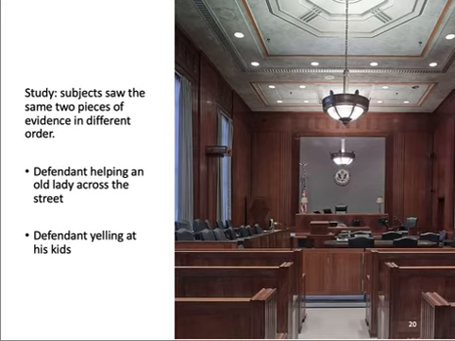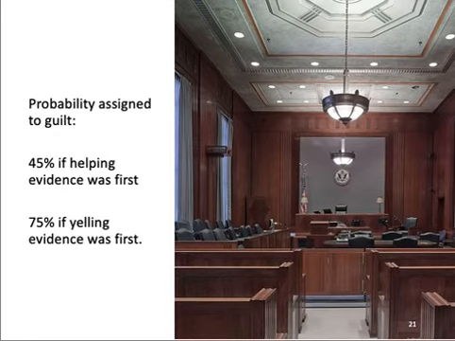Okay. And as it turns out, people's opinion about the person's guilt was influenced by what order the evidence was presented. So if the good evidence of the person helping the lady across the street was presented first, then the probability of guilt was less than 50, 45%.